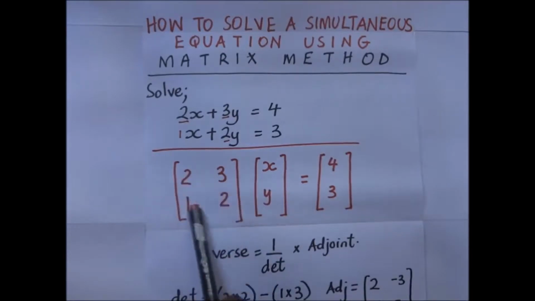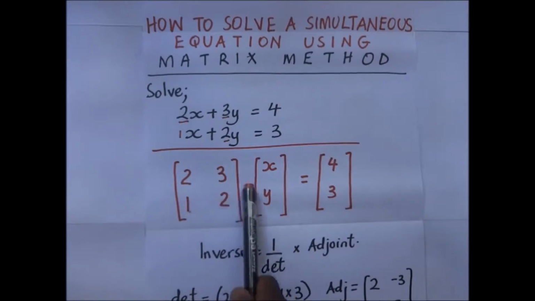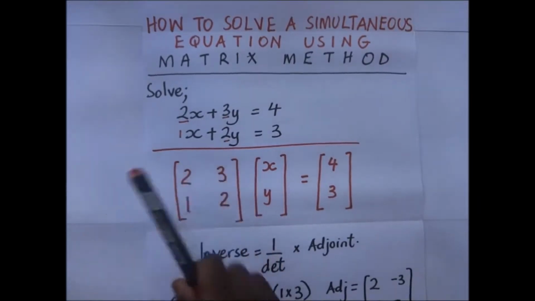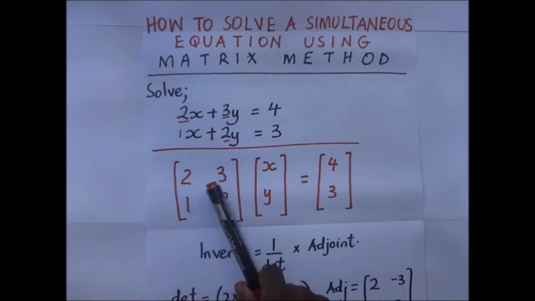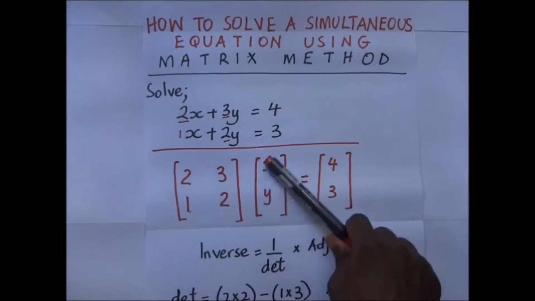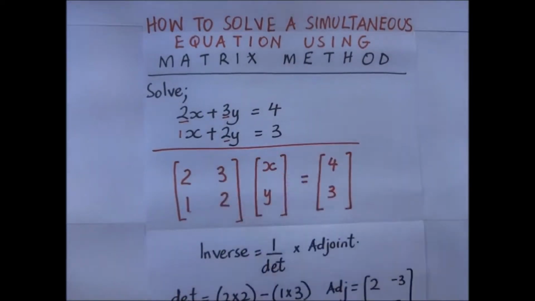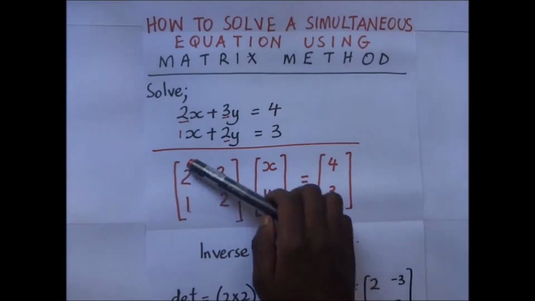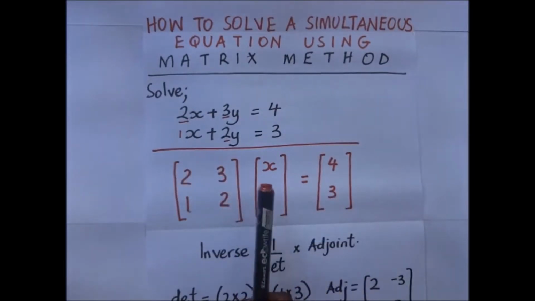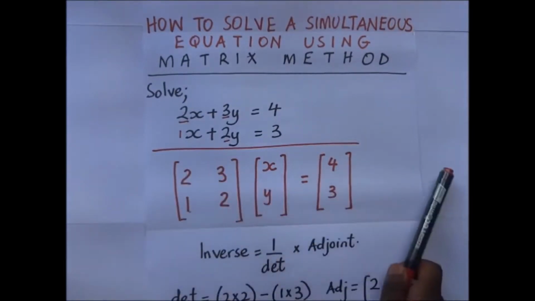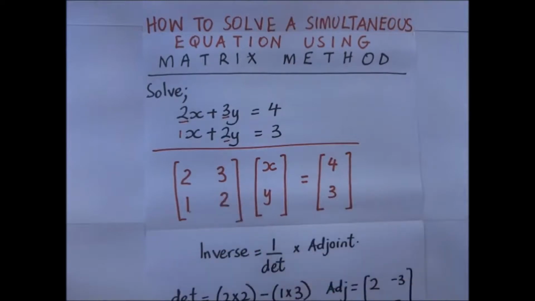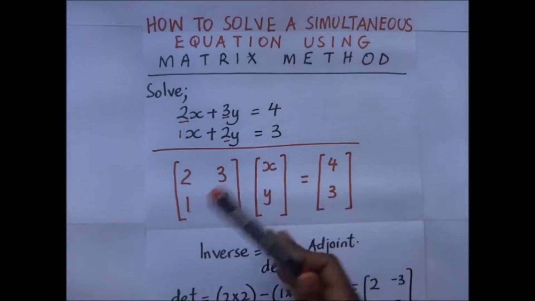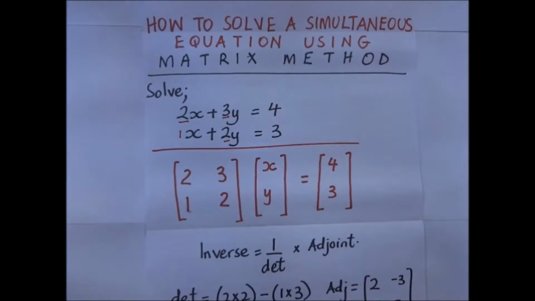When we multiply this matrix by its inverse, we are going to remain with an identity matrix here, so that we remain with x and y on only this side and the rest on the other side. So we are going to find the inverse of this matrix. When we get the inverse, we multiply it on both sides, on this side and that side, and then afterwards we'll remain with x, y on just one side of the equation.